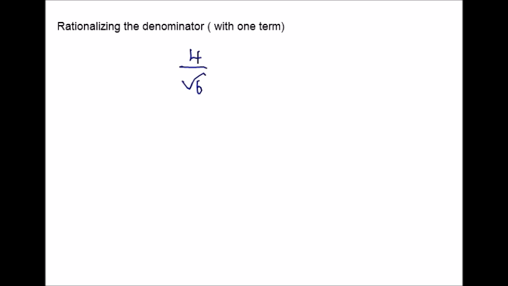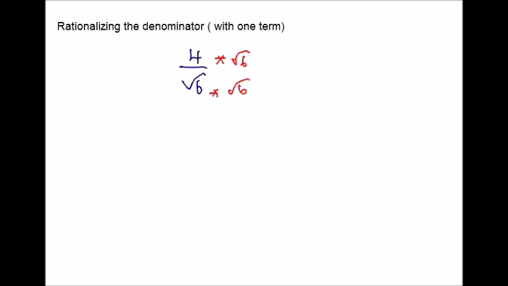Then we get a perfect square. Square root of 6 times square root of 6 will give you square root of 36, which is nothing but 6. Okay, so in this case we can accomplish this by multiplying top and bottom by a square root of 6. Please look at the board.